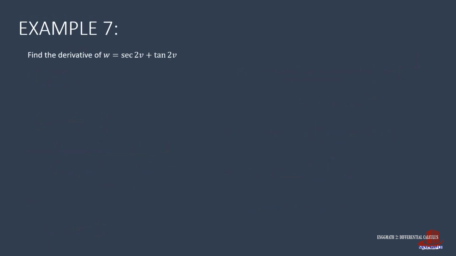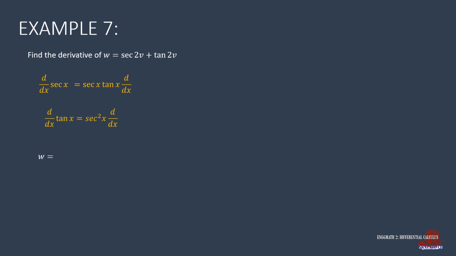The last example has the equation w is equal to secant of 2v plus tangent of 2v. Although we have two terms, they can be differentiated separately with secant and tangent.